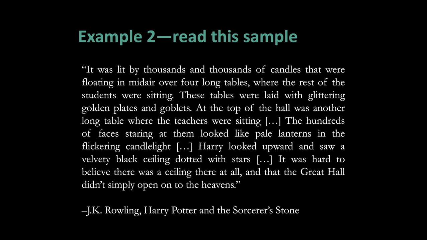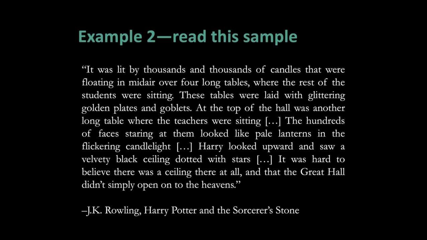I think it's pretty clear that this impression of this place is a lot more positive than the first one that we read. Some of the words and phrases that stand out to me as being positive here are things like thousands and thousands of candles, right? That just kind of leads to a feeling that this place is positive. The tables were laid with glittering golden plates and goblets.